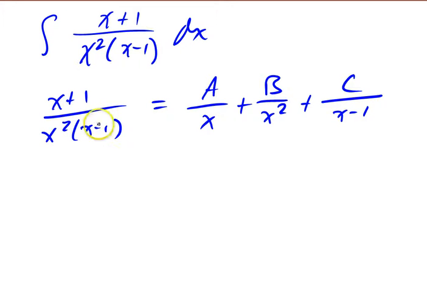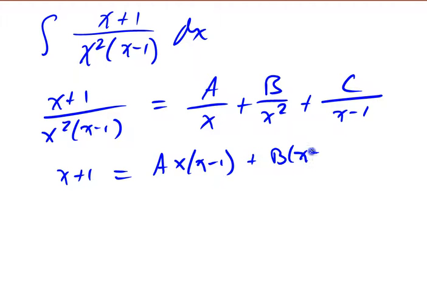So multiplying both sides by this common denominator, I've got that x plus 1 needs to equal this times the first fraction. One of the x's cancels out. So a times x minus 1. This, the x squareds cancel out, so I've got b times x minus 1. And then the last one, the x minus 1s cancel out, leaving just cx squared.